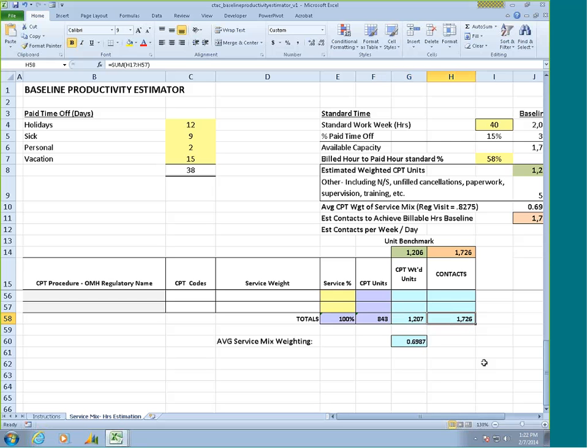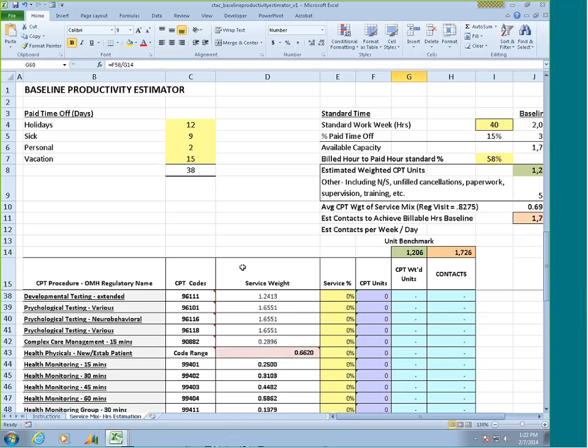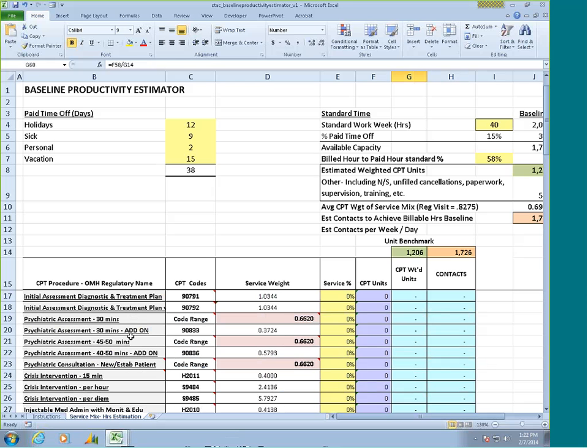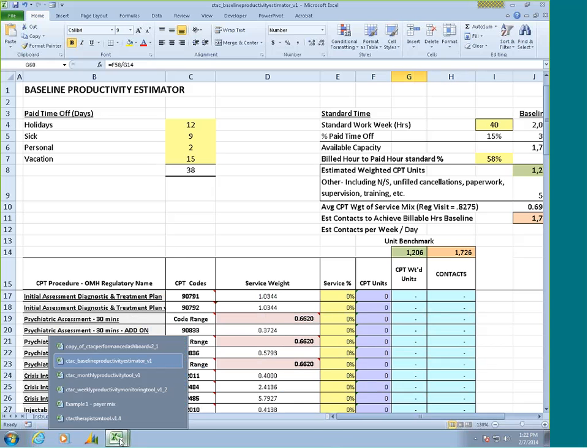Remember that there's groups in here too, so every individual in the group is counted as a contact. You get the average CPT weight by your service mix. It just provides you with a way, again, of mapping out and modeling some behavior.